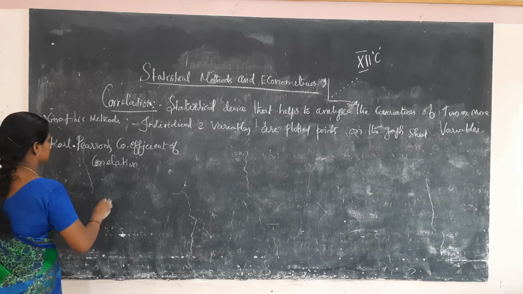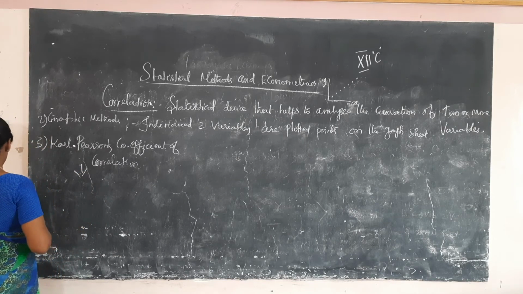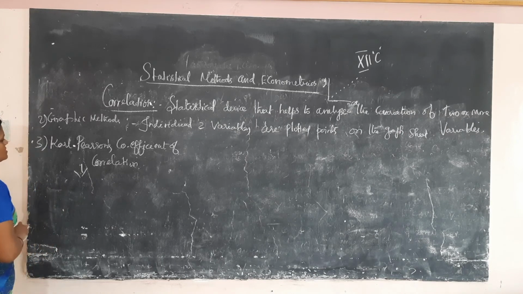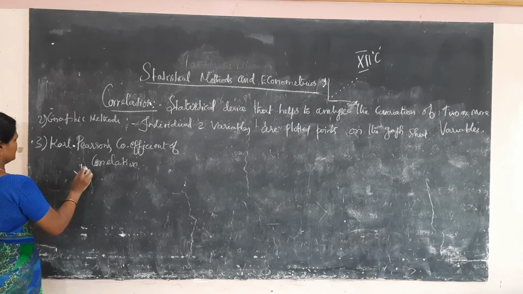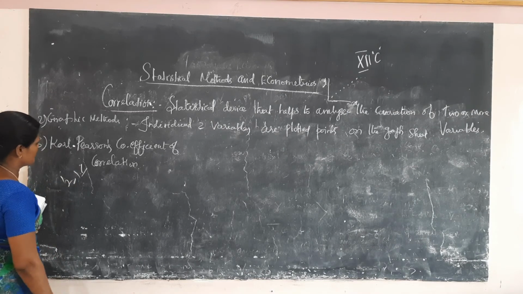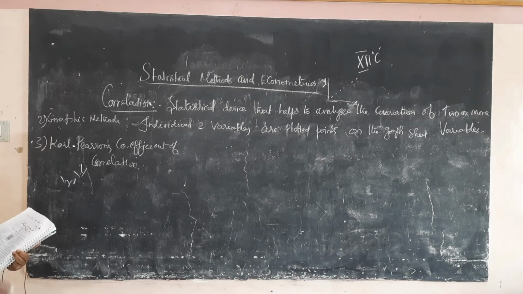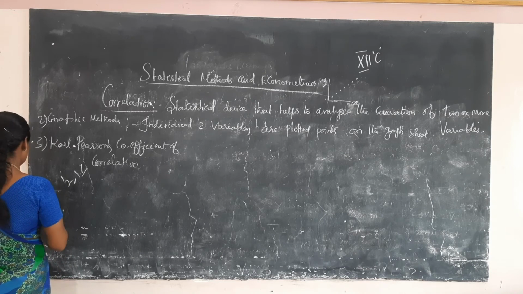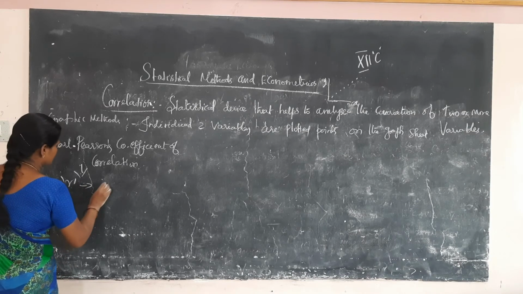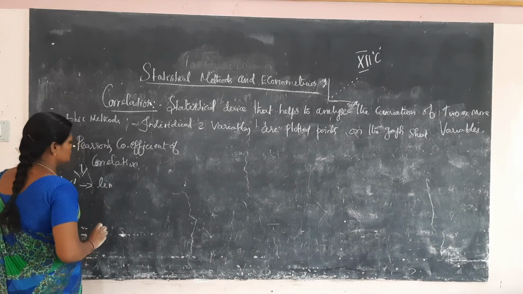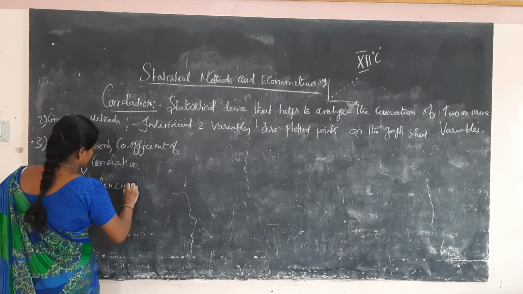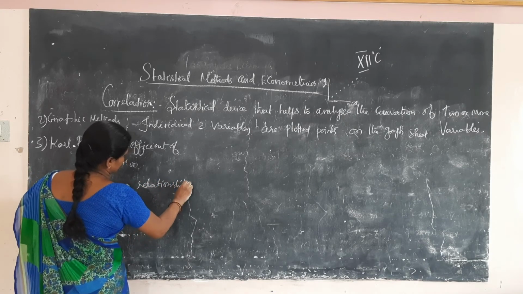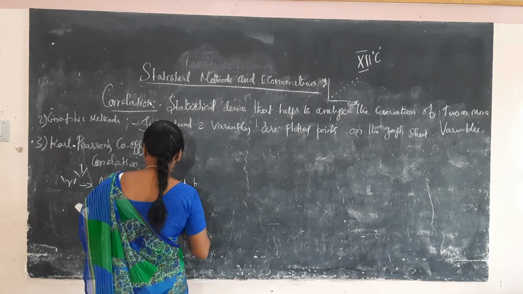It is popularly denoted by the letter R, and it denotes the linear relationship between the two variables x and y.